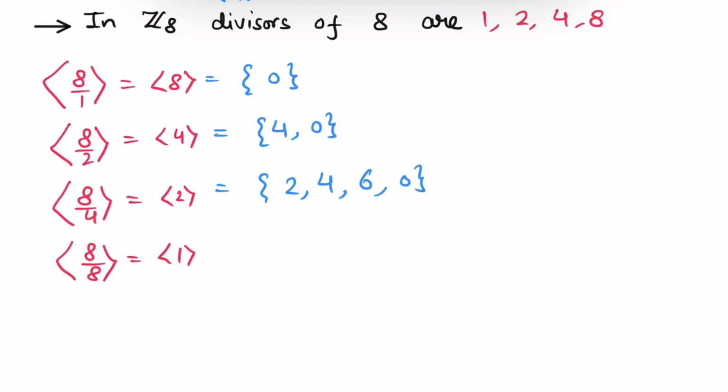And the set generated by 1 equals 1, 1 plus 1 is 2, 1 plus 1 plus 1 is 3, and then we get 4, 5, 6, 7, and after that 8, and when 8 is divided by 8, the remainder is 0. So these are the subgroups of Z8.